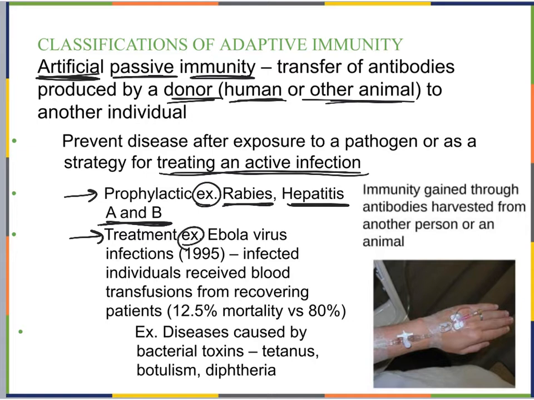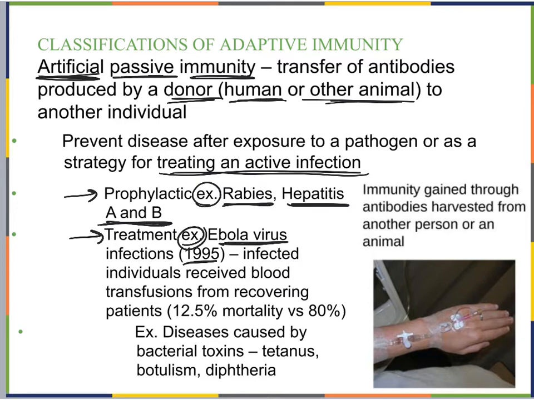When it's used as a treatment, we use this example for Ebola virus infections in 1995. People that were infected received blood transfusions from people that were recovering. Those that had already mostly fought off the Ebola virus and were recovering had all of those B cells and T cells and antibodies floating around to fight off the Ebola virus.